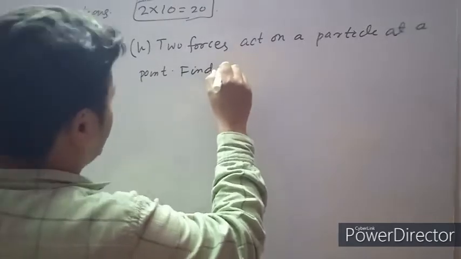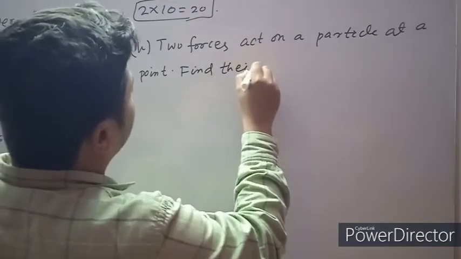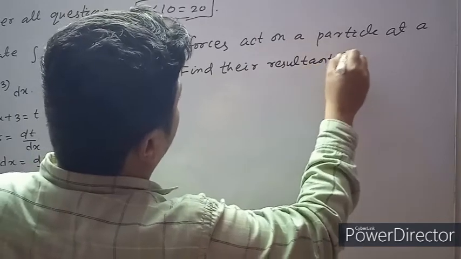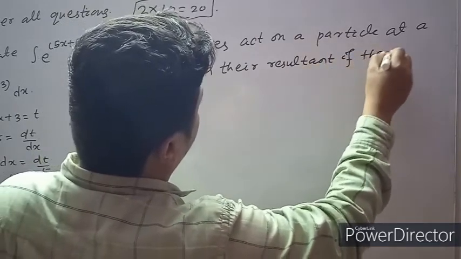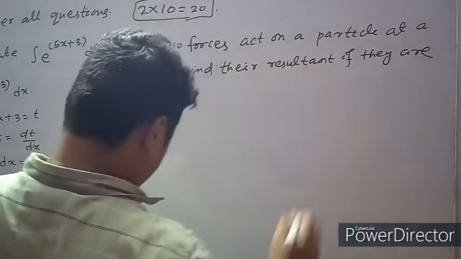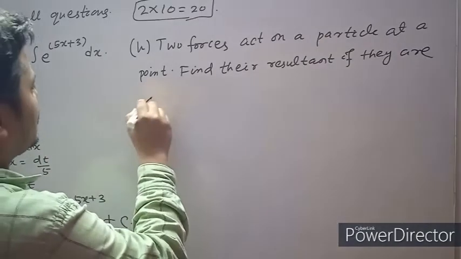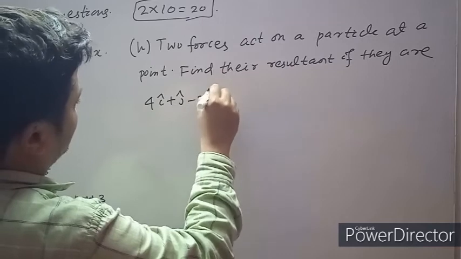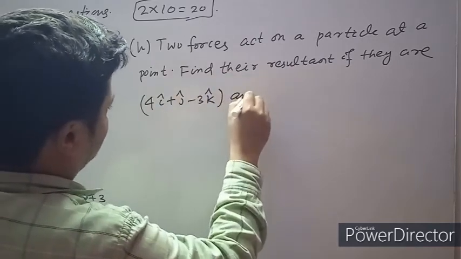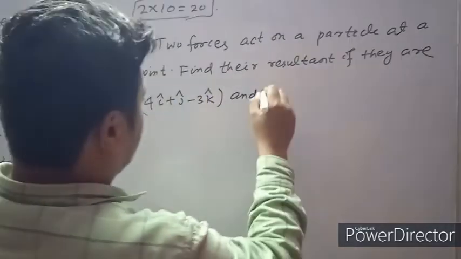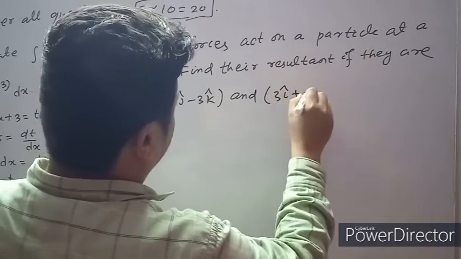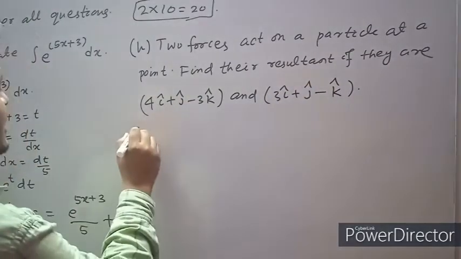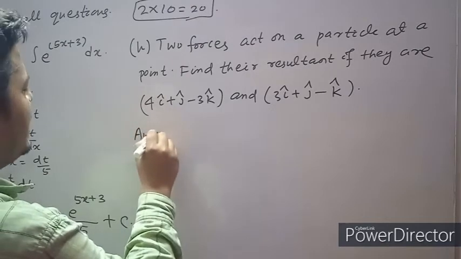Find the resultant if they are 4i cap plus j cap minus 3k cap and 3i cap plus j cap minus k cap. So for the answer, you just add the components.